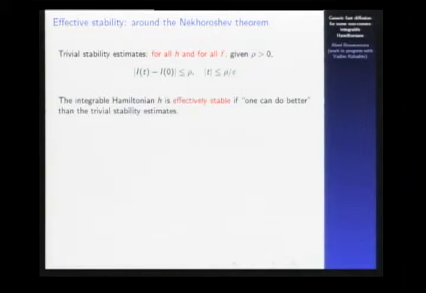A Hamiltonian which is not effectively stable means that you can find one perturbation and one solution for which this inequality is an equality, which means that the speed is exactly epsilon. So this is what I mean by not effectively stable.